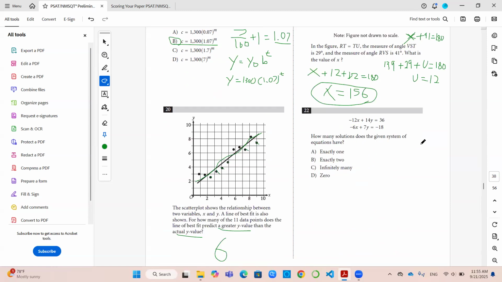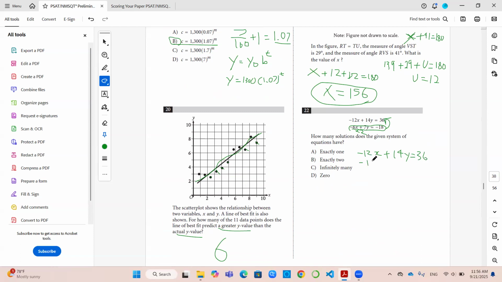Okay. How many solutions does the given system of equations have? So as you can see here, I want to equate the second equation to the first one. So what I have to do is multiply by 2 for all of this. So it becomes minus 12x plus 14y is 36, the first equation.